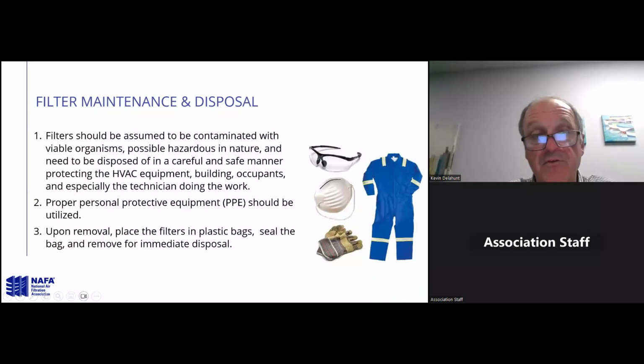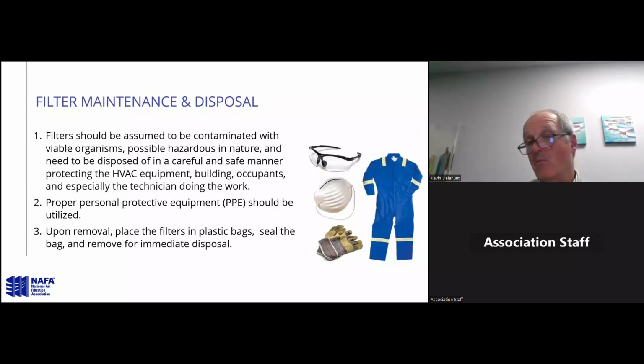I'm going to talk a little bit about filter maintenance and disposal. I've given talks for the last 3 years, during COVID, to all kinds of associations, and my usual shtick on service and disposal is that a used filter probably still has viable contamination in it.